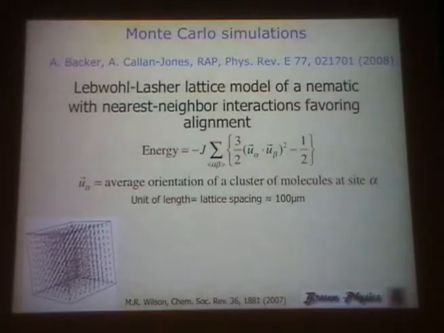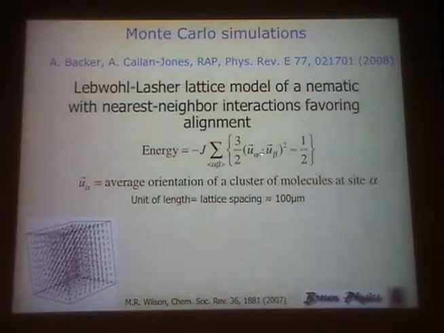And then I want to know, overall, what's the system doing? So I write down a simple model. In case you're not familiar with this kind of ferromagnetic notation, this just means sum over nearest neighbors. Remember, in nematics you don't have a vector order parameter, you have a tensor order parameter. If I let u go to minus u, the energy had better not change.